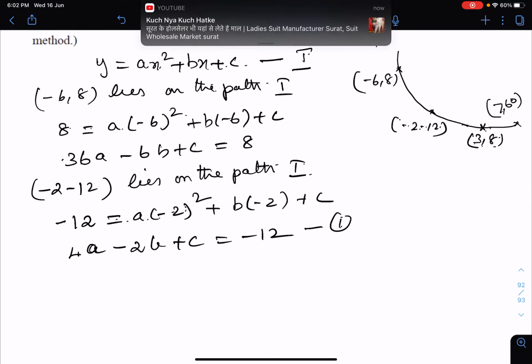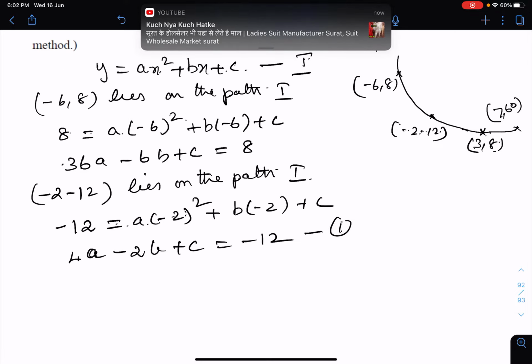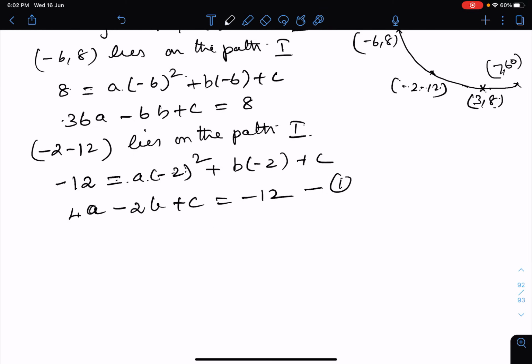This is going to be your first equation. And then what is our third point? 3, 8, isn't it? Similarly 3, 8 lies on the path.